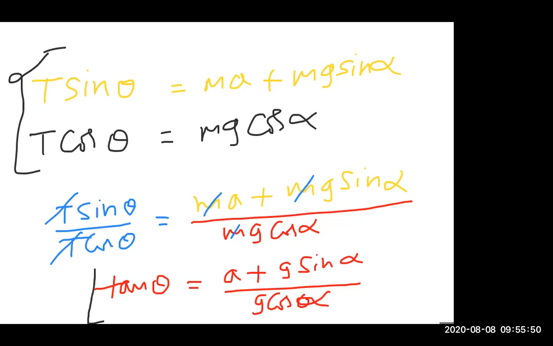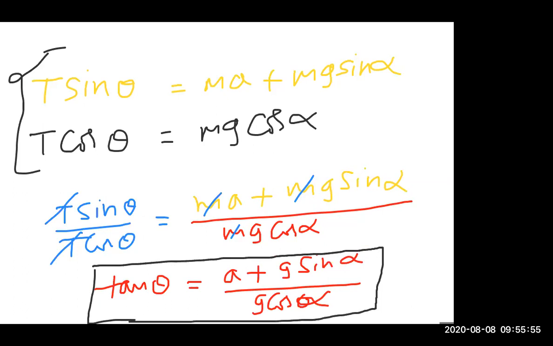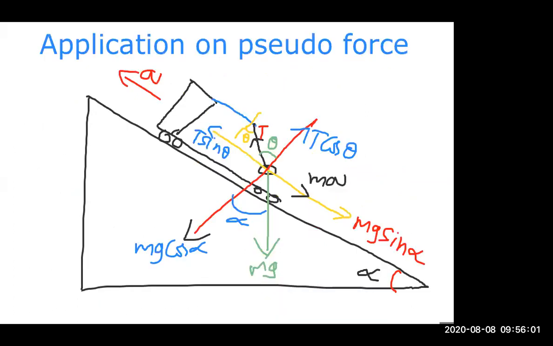Theta is the angle made by the pendulum with respect to the vertical. Alpha is the inclination angle. So theta is what, beta? Theta is the angle made by the pendulum with respect to the vertical. What is alpha?